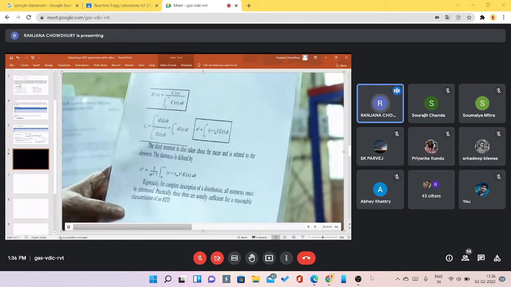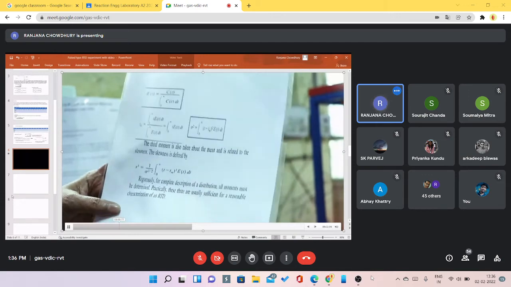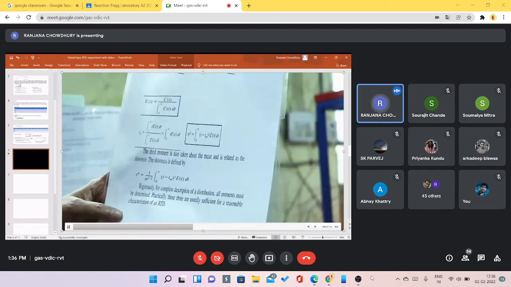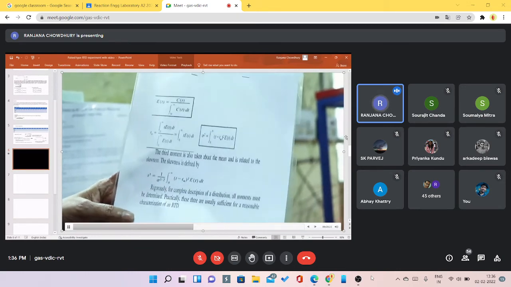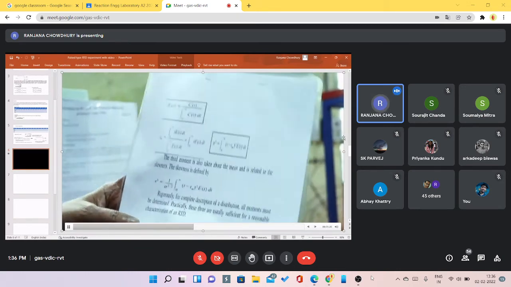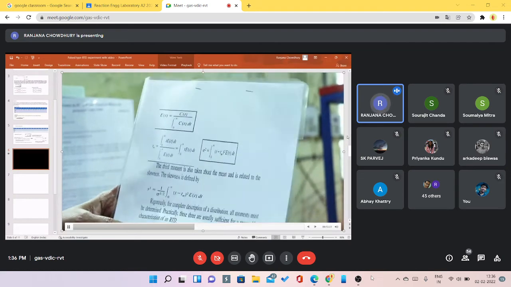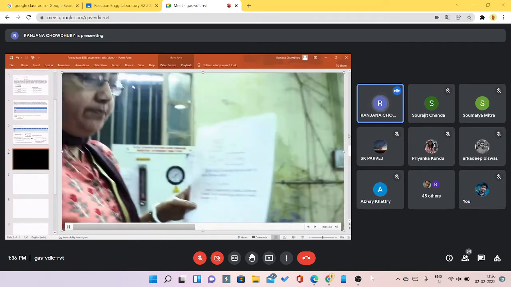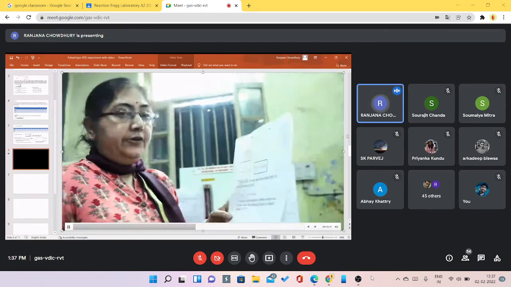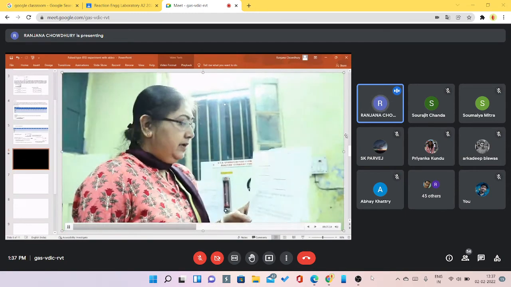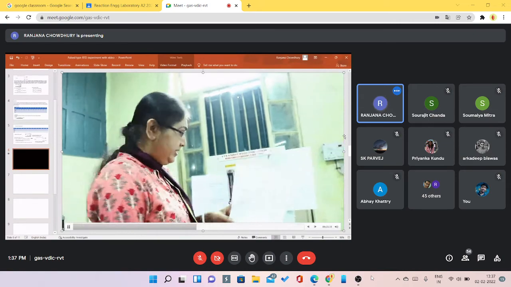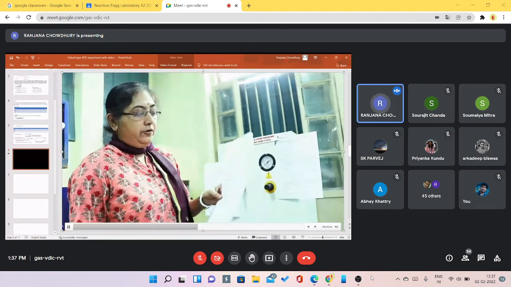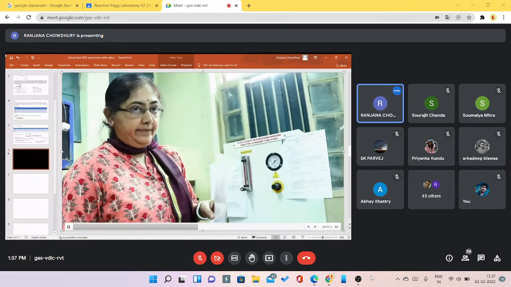In a similar manner, you can find out the skewness factor, that is the third moment of RTD. And usually these three are sufficient for the characterization of the distribution for a reactor. So I think you will see the demonstration and how to operate it, and then your knowledge will be more clear. Thank you.